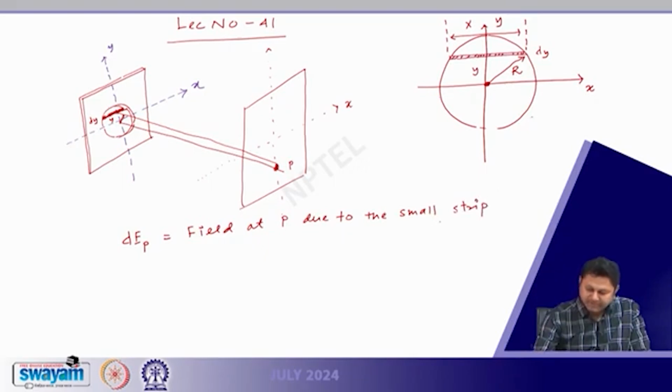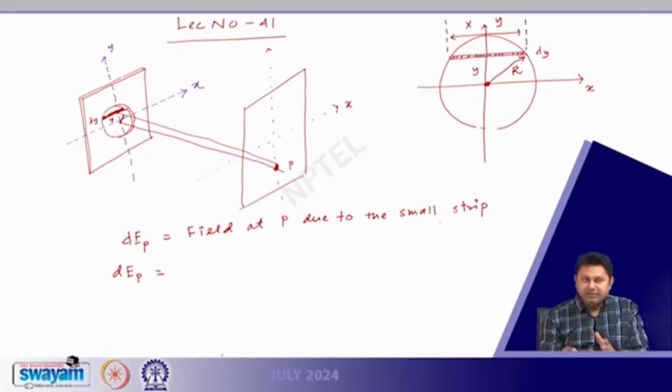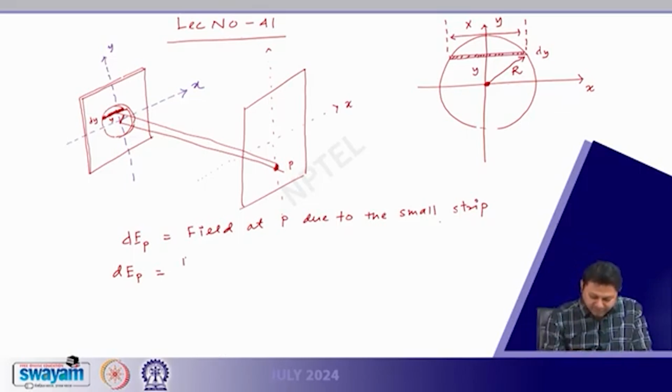Here also I magnify this figure. Now dE, the electric field coming from this, is essentially a spherical wavefront, and I write this spherical wave in the form like this.